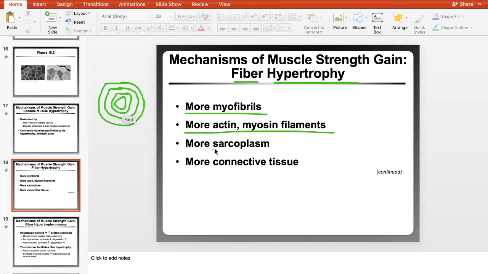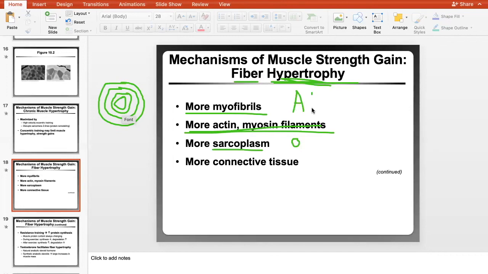And all of the other things: increased sarcoplasm, increased oxygen. Hypertrophy is based on muscle strength and power. So the enzymes that break down ATP will improve.